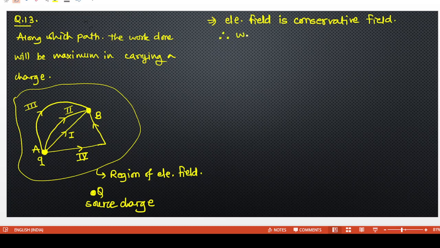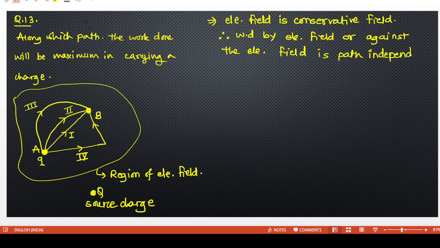Therefore, work done by the electric field or against the electric field is path dependent or independent? Independent. Correct. It is path independent. Electric field is a conservative field.